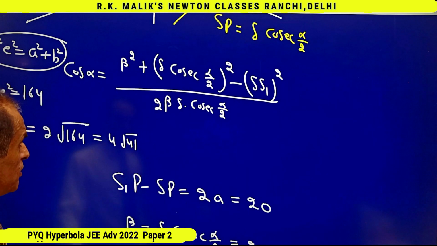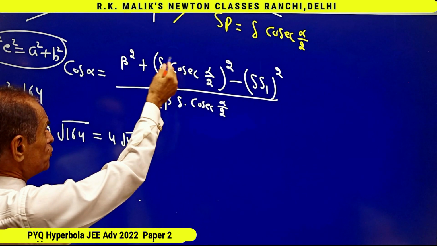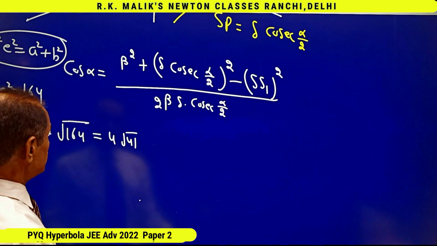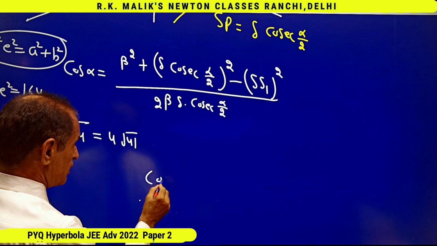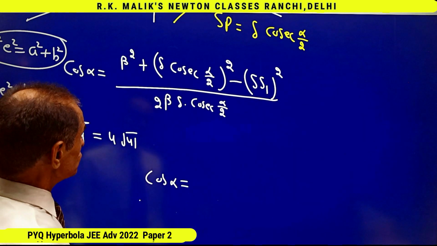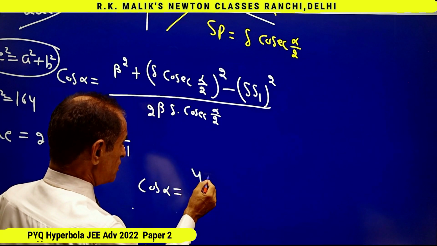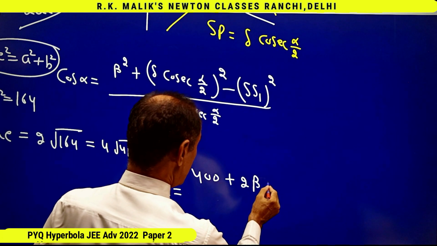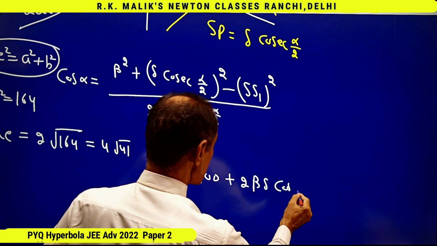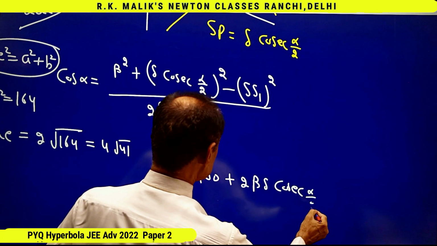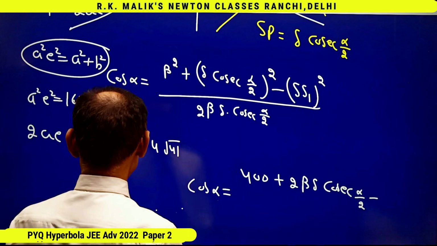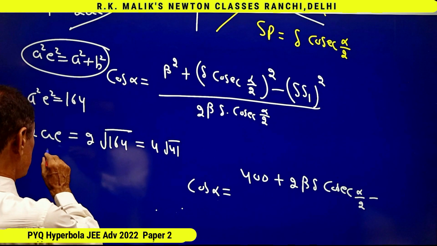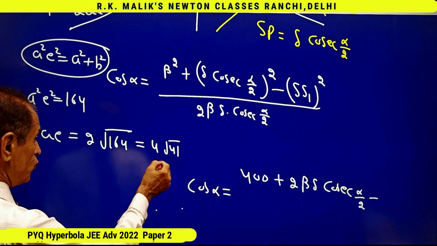And now using the value of this as I have derived, I get cos alpha is equal to 400 plus 2 beta delta cosec alpha by 2 minus s1, which is equal to 2ae, which is equal to this.